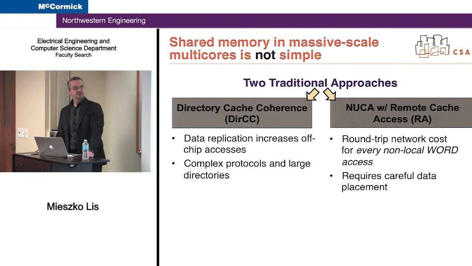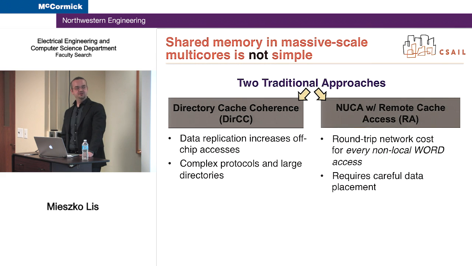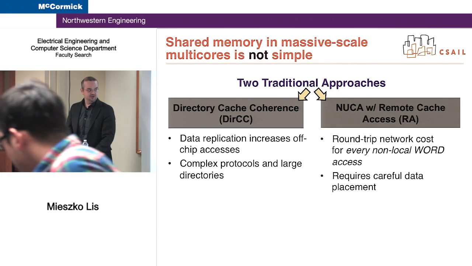And the other approach, which Nikos among other people has worked on, is to basically divide the cache into small pieces and have each piece of data cached in a specific location. The problem is that it requires careful data placement, and it requires round trips for any access to remote cache to keep the coherency model.